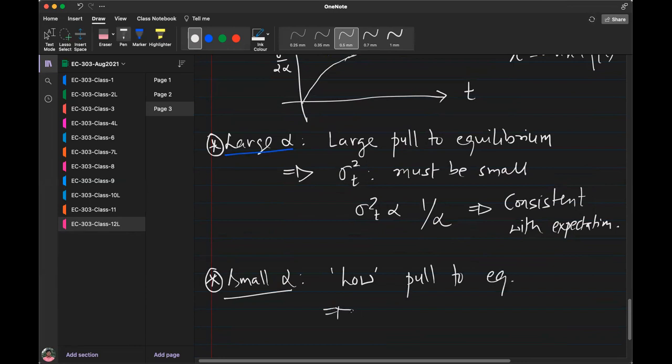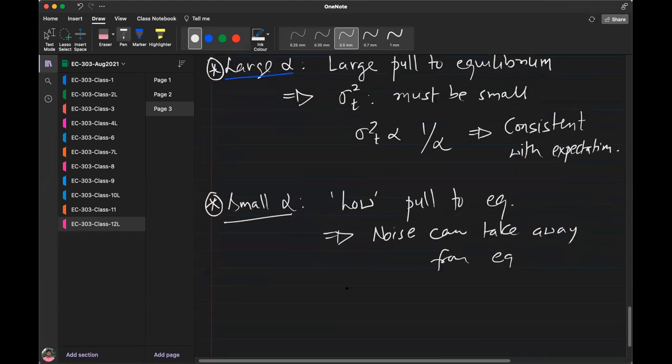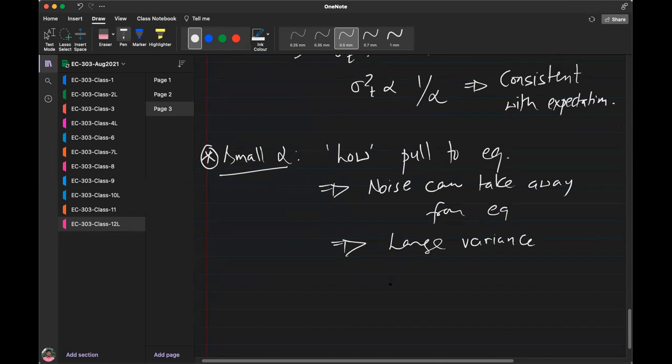What do you expect in that case? Noise will take you far away from equilibrium. And therefore, what do you expect? Large variance, right? And indeed, that's what you find, because again, sigma square is proportional to 1 over alpha. The variance will be large. Excellent.